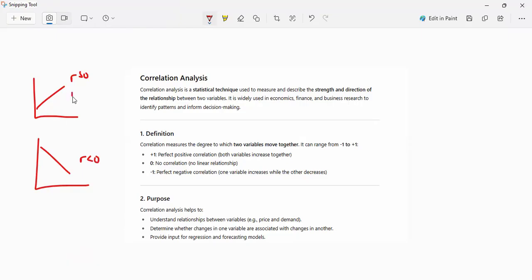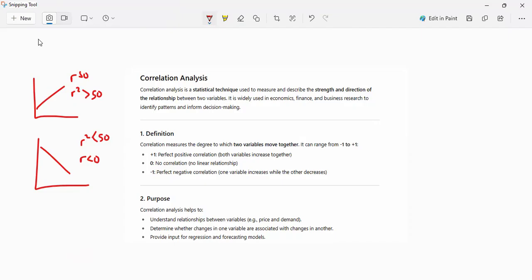Okay, then when your R squared is more than 50, this is a what? It is a strong relationship. And R squared is what? Less than 50, it is a weak relationship.